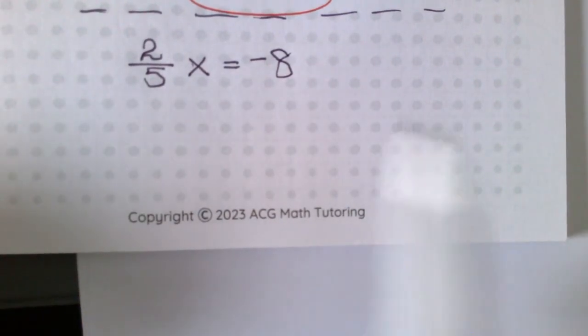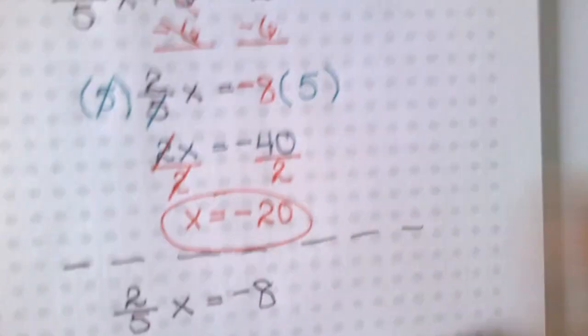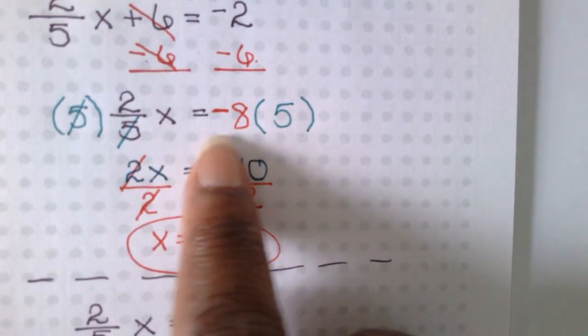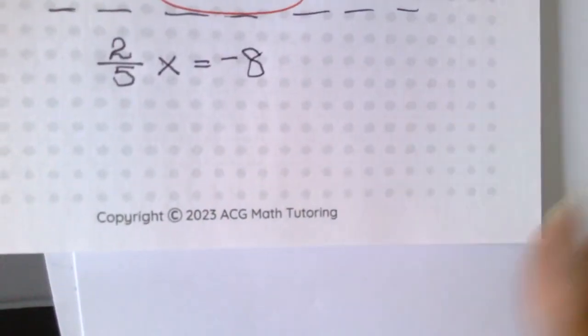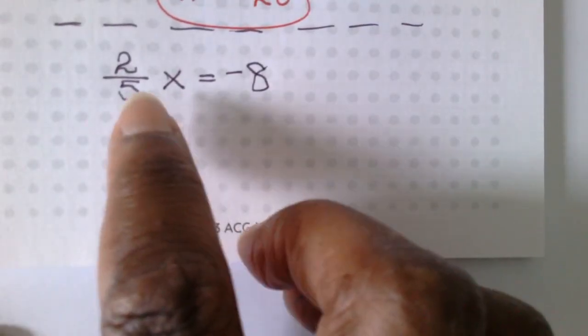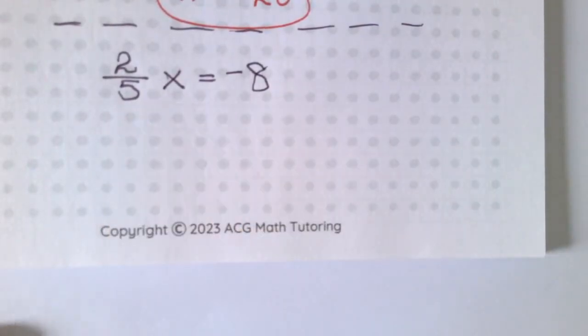So some people are saying that when we got to this part, which was after we subtracted the 6 and we got to the 2/5 x equals negative 8, we simplified. We tried another way of getting x by itself. You can multiply by what's called the reciprocal.